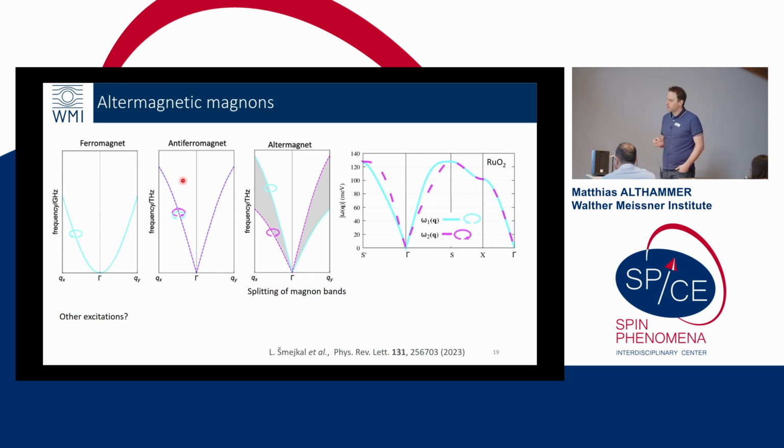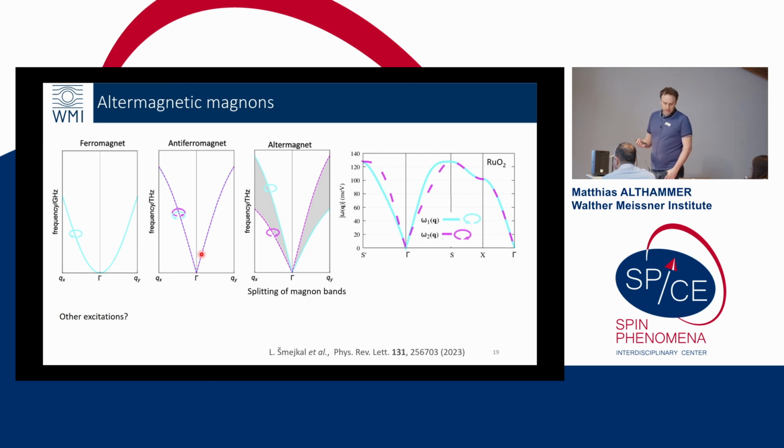So first, if you take a collinear antiferromagnet and you think about the magnonic structure, you will find that initially, disregarding any further contributions, you will have two magnon modes that are energetically degenerate, and they have opposite chirality in the system, but completely lying on top of each other through the whole Brillouin zone.